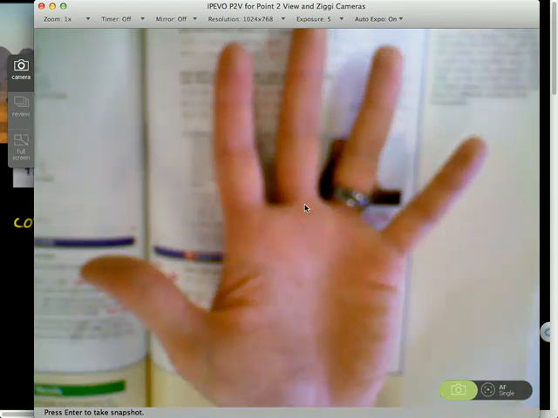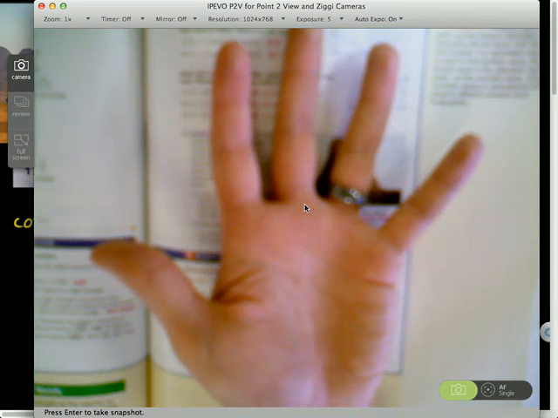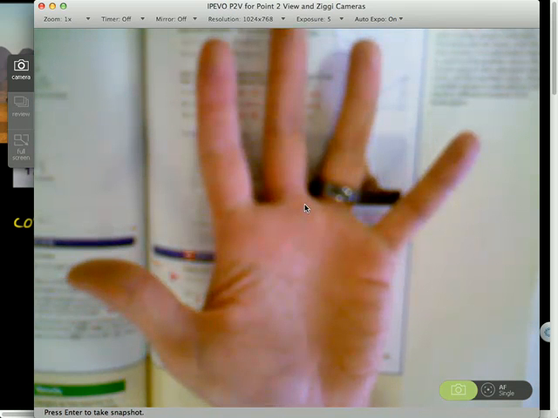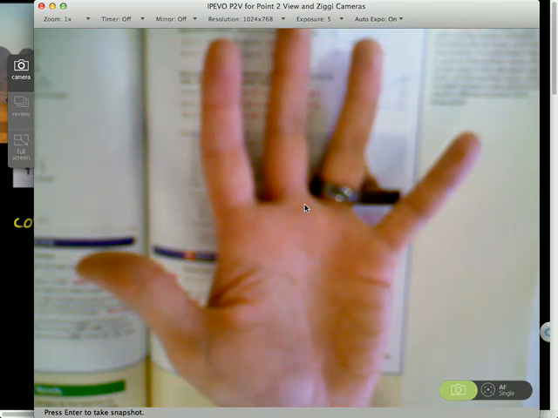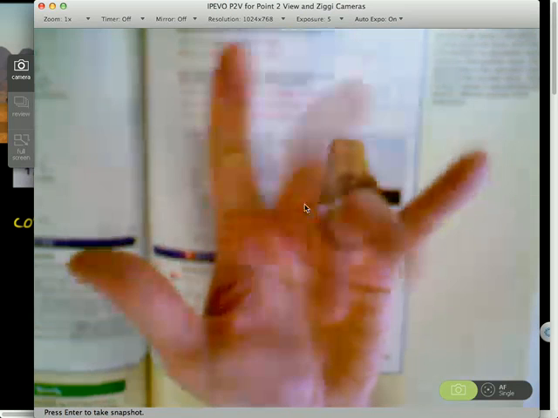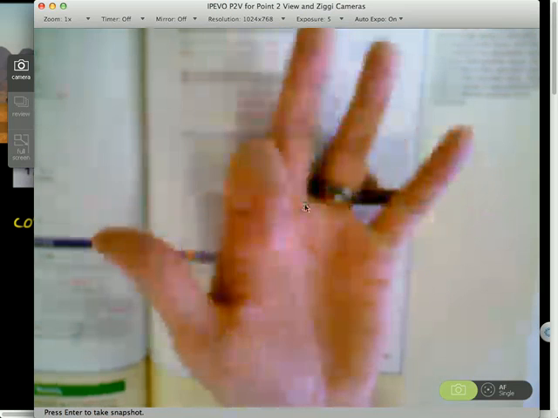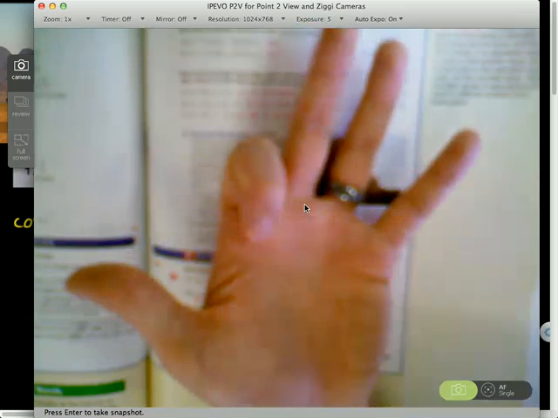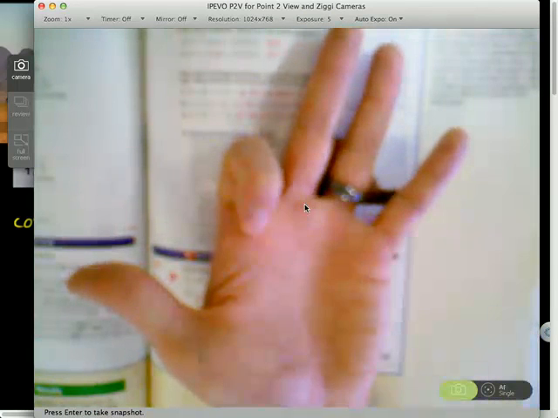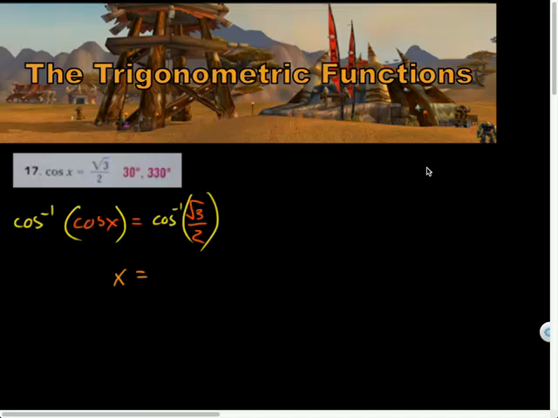So cosine inverse of root 3 over 2 is asking the question, for what angle does cosine equal the square root of 3 over 2? So, bing, right there. Square root of 3 over 2 occurs for cosine at 30 degrees. So I can actually use the hand trick in reverse to figure that out. So x would equal 30 degrees.